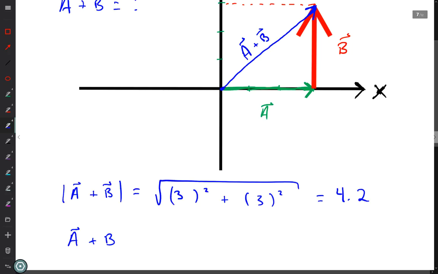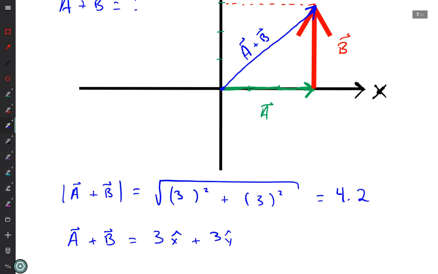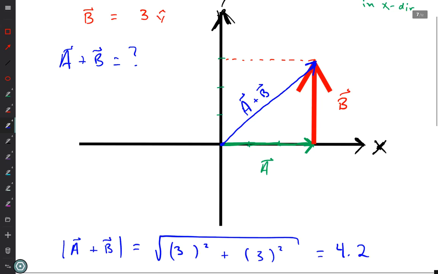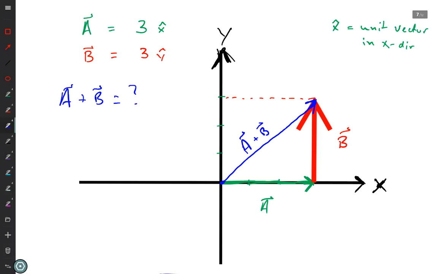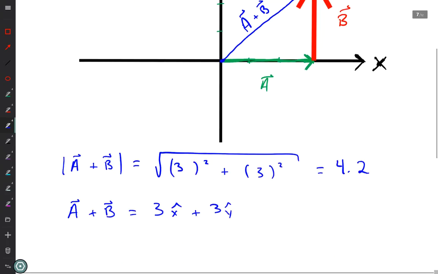I could say A plus B is equal to 3 in the x direction plus 3 in the y direction. That's writing it out in components. That was simple. I just took all the x's and added them together. So my first one was only an x, so I took 3 in the x direction plus the second one, 0 in the x direction. 3 plus 0 was 3. The y directions, 0 plus 3 was 3. So that's one way of writing the answer.